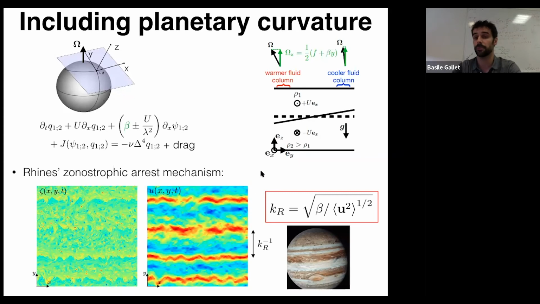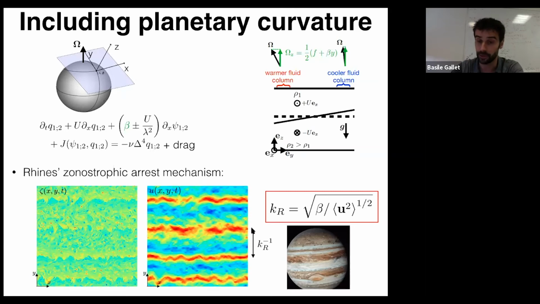And Peter Rhines explained that indeed, when you include beta, even in a standard 2D Navier-Stokes equation, if you just add this beta term, at the end of the inverse energy cascade, beta will channel the kinetic energy into zonal jets like that. And that will be the arrest mechanism of the inverse cascade.